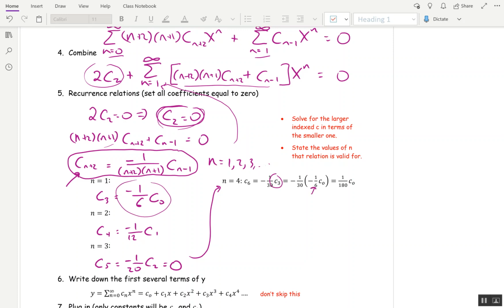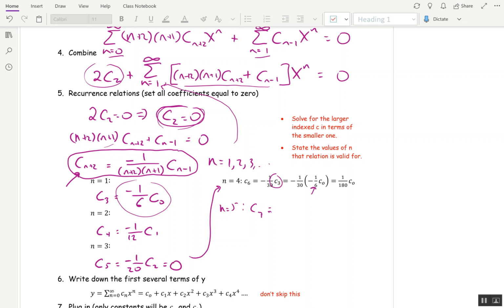So I plug that in, and then I simplify, and I get 1 over 180 C0. And if I had to find terms up to degree 7, I could go n equal 5, and that would give me C7. And I'd have to simplify and write it in terms of C1 and C0.